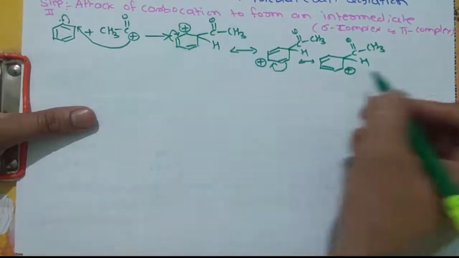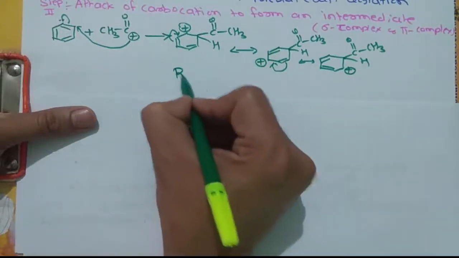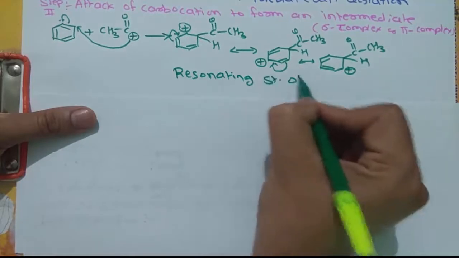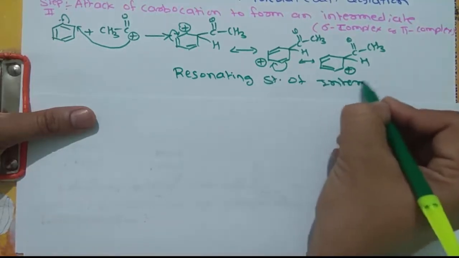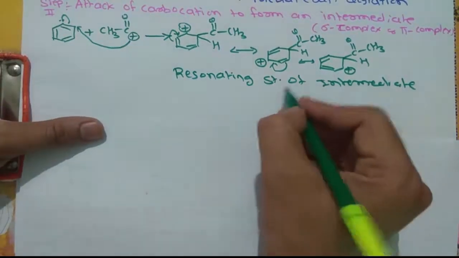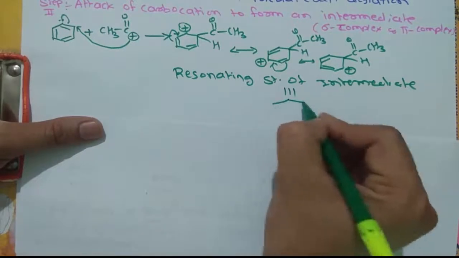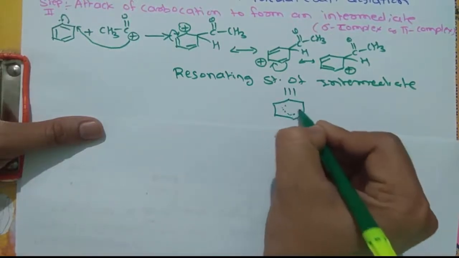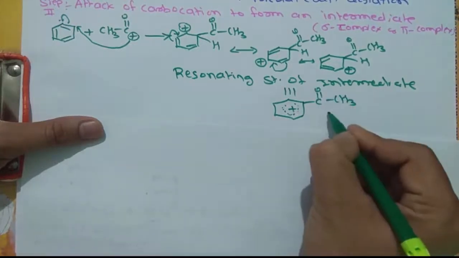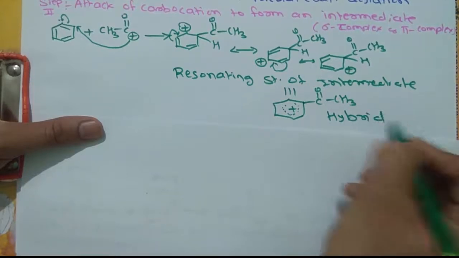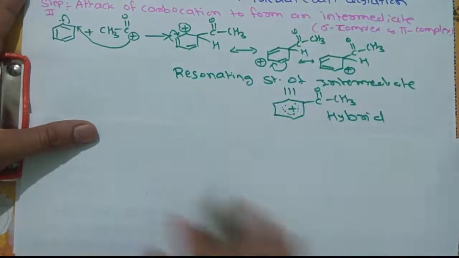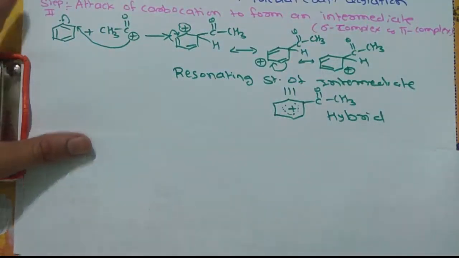In this way we have to write different resonating structures of the intermediate. These are called resonance hybrids. All these are the different resonating forms of the carbocation, which is stabilized by resonance.